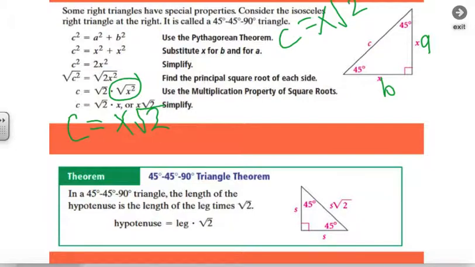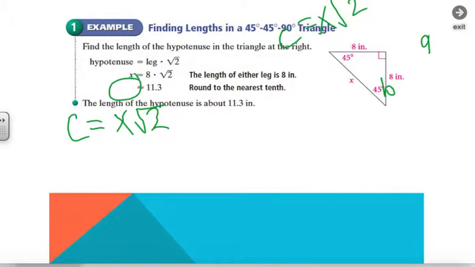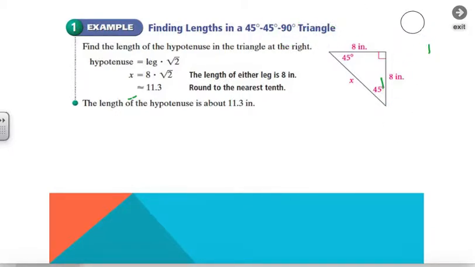And so here's an example, if you guys look at your screen, of finding the lengths of a 45, 45, 90. And they tell us that the legs are equal to 8 inches. So our hypotenuse really quick would be what? Mackenzie? 16.